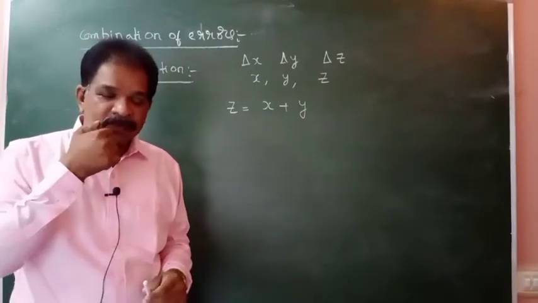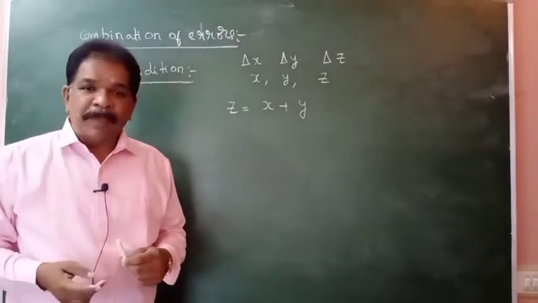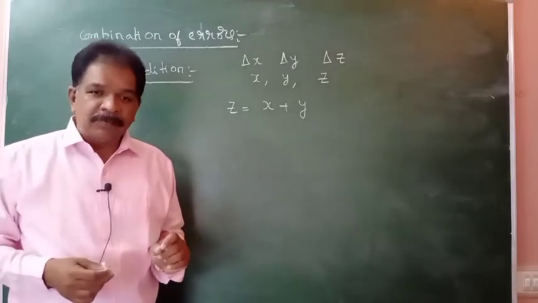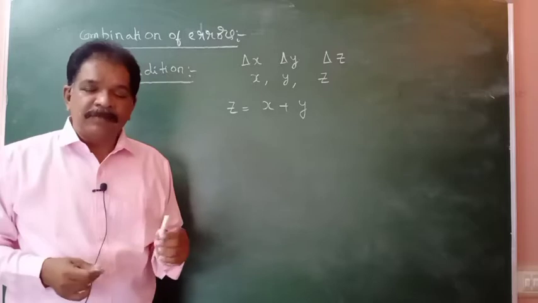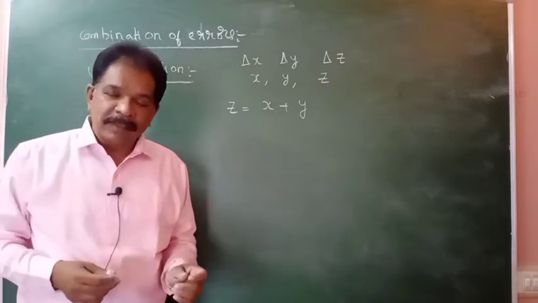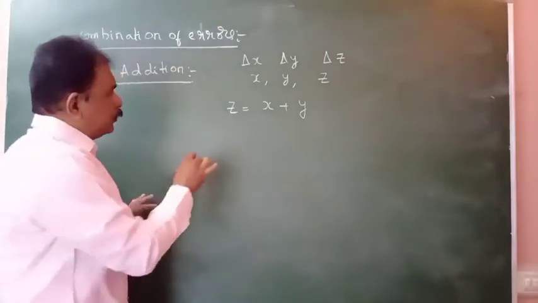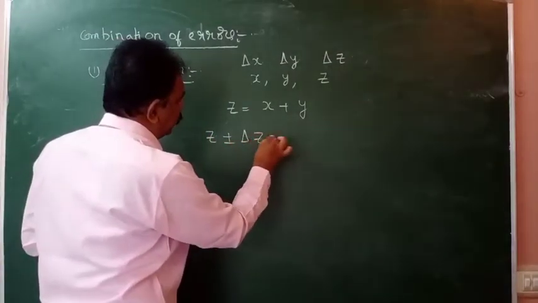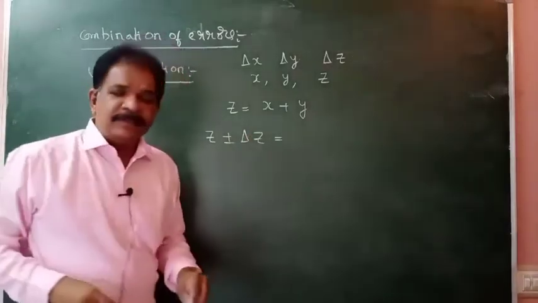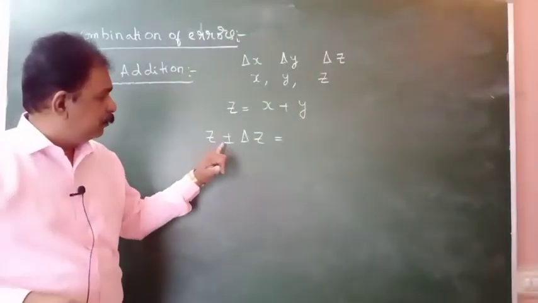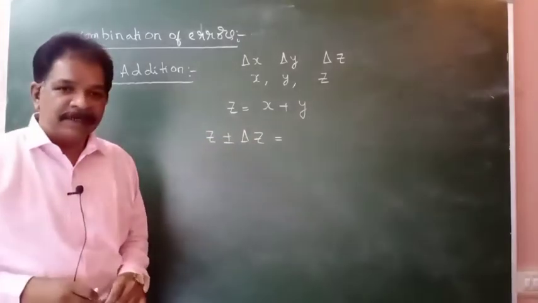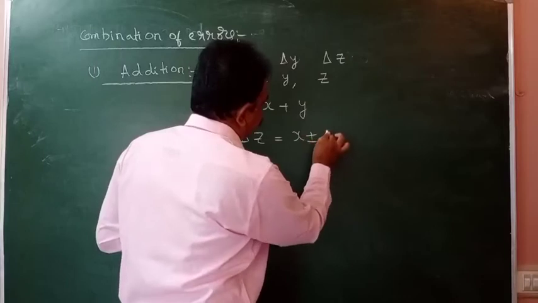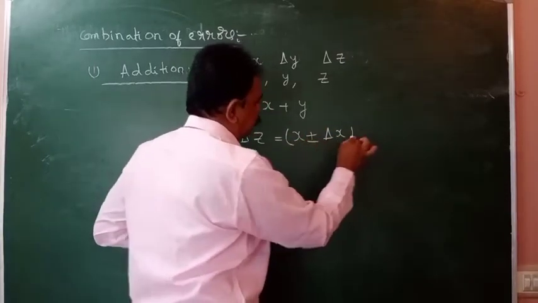And they will ask, what is the maximum possible error in the measurement of Z? Like that, questions will be there. So, the error in the measurement of Z I am assuming is delta Z. So Z plus or minus delta Z is equal to x plus or minus delta x.